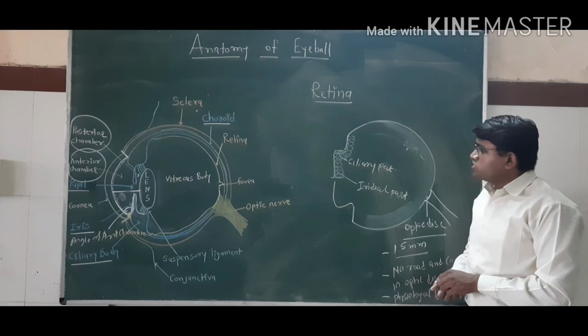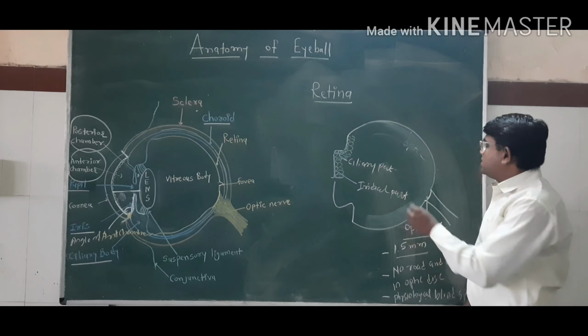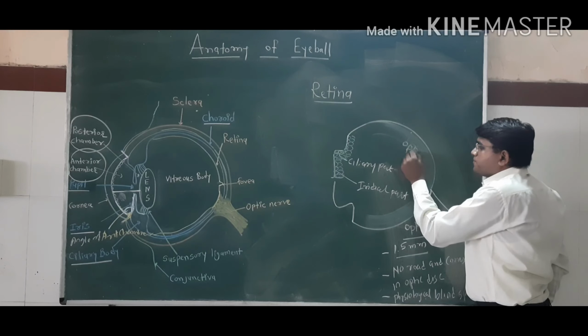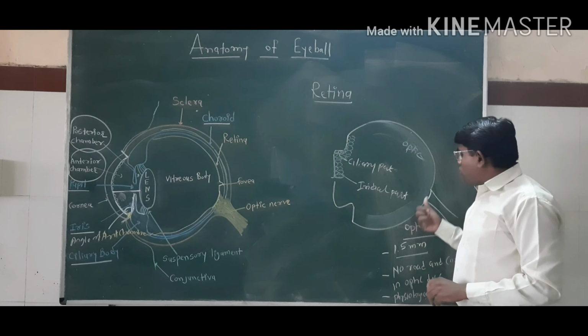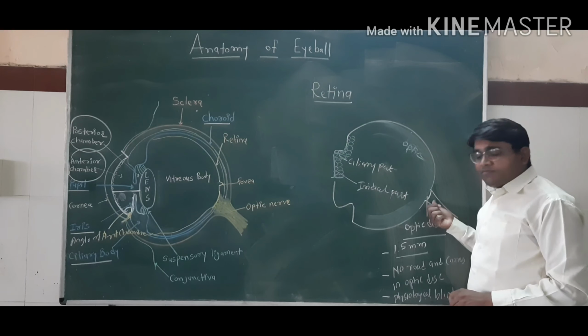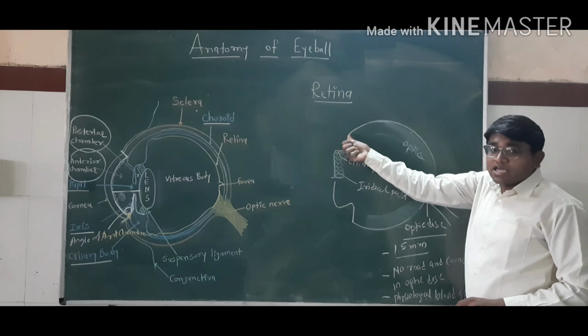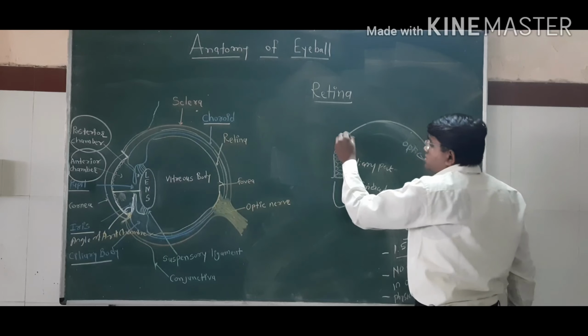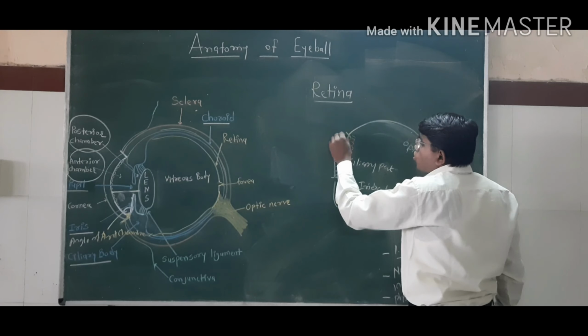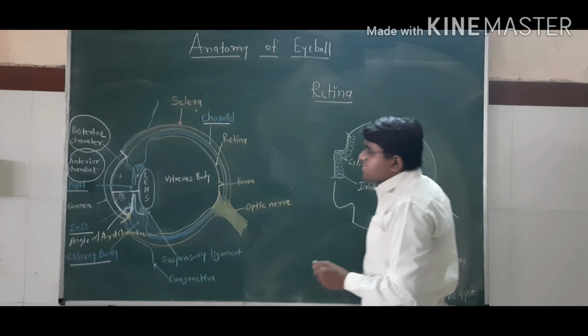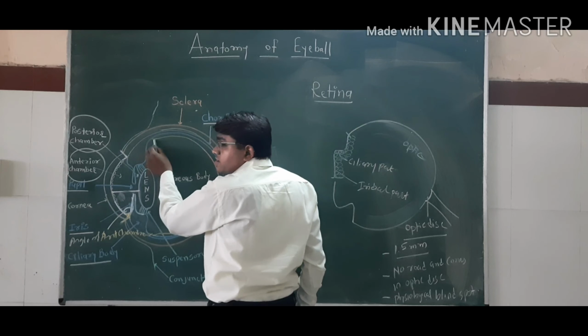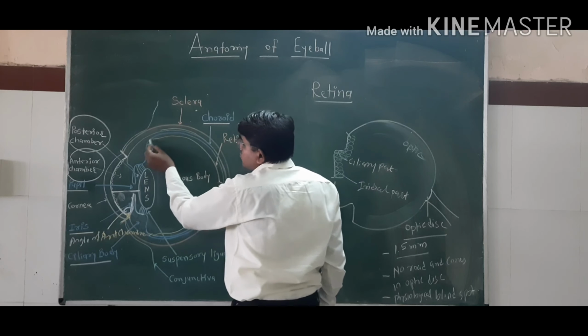So the function of vision is only associated with the optic part. The optic part starts from the optic disc and ends at the junction of the choroid and the ciliary body, here. So this is the optic part.